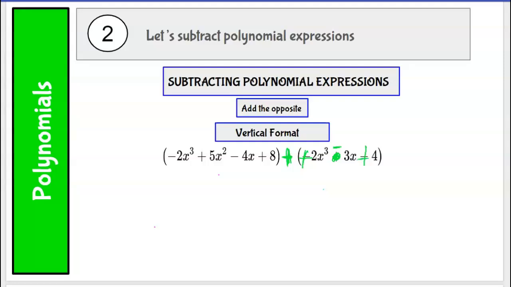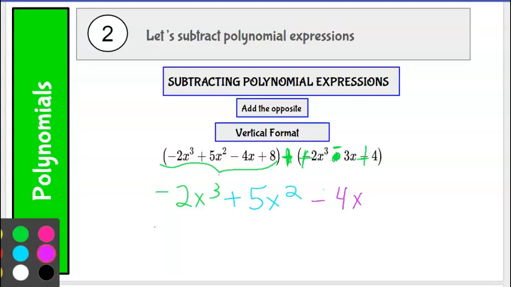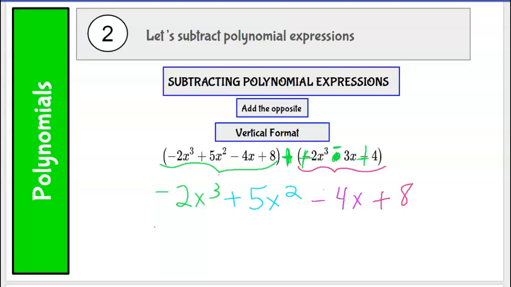All right. Now, again, we're doing this in vertical form, so we're going to copy the first polynomial down. So we've got a negative 2x cubed. We have, and this one's already in descending order of the exponents or standard form, so I'm just going to recopy it. Plus 8. Now I'm going to take the second polynomial, and since I've already changed it to add, I'm just going to line these up.